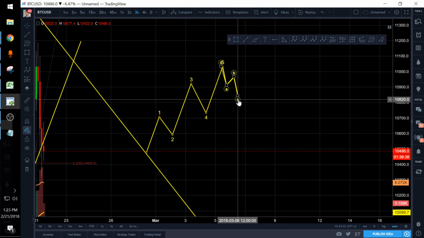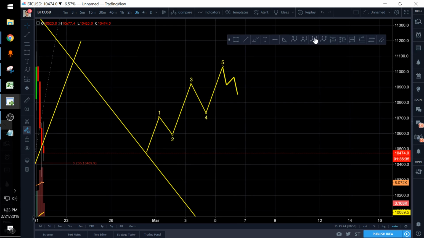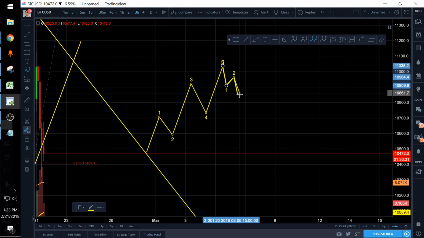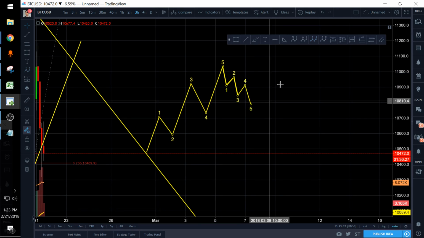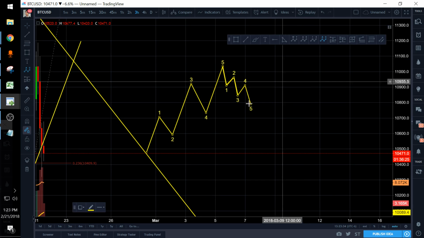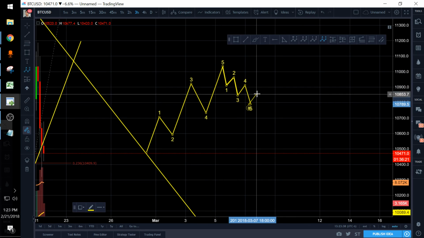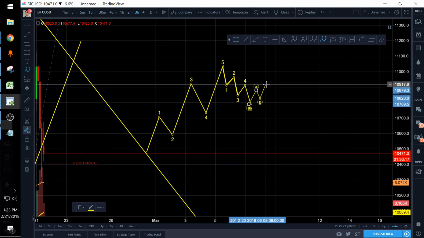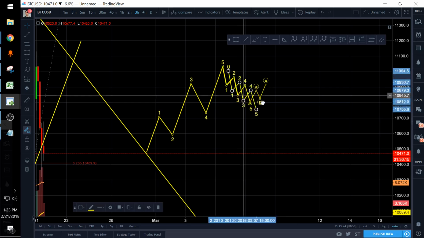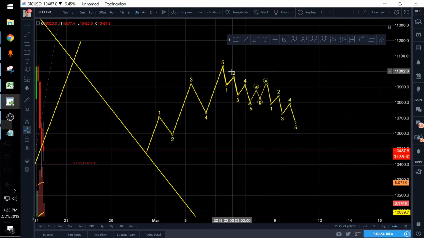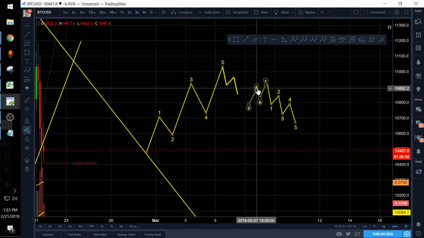But can this also be a possibility where it's not A, B, C, and in fact it's actually 1, 2, 3, and then 4, and then 5 coming down, and then you get your A, B, C, right? Because you could be mistaking your 1, 2, 3 for your ABC. It happens all the time. So that can happen with ABC like that, and then we simply get another ABC down there. Is that possible? Absolutely. That's more possible, actually.